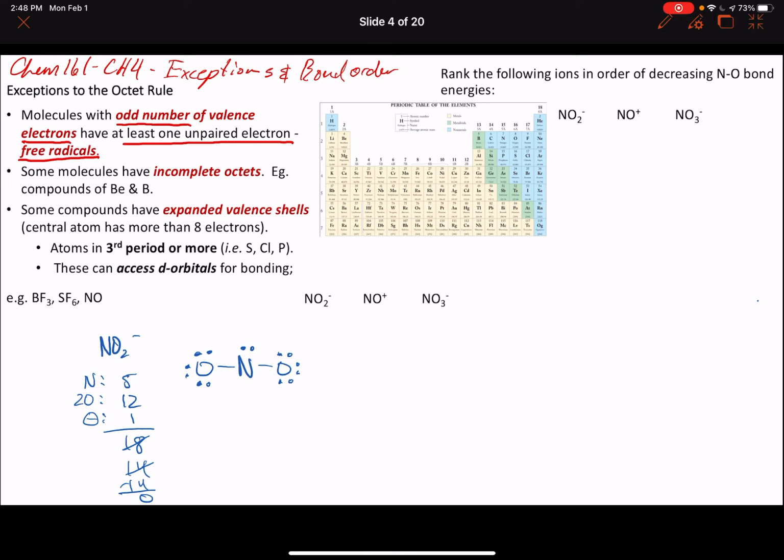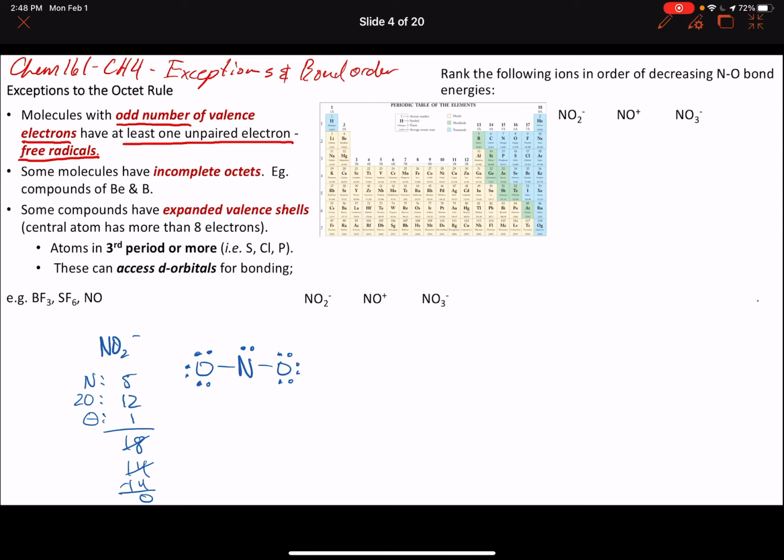And we now consider octets. Clearly the nitrogen in the middle is missing an octet. So we will borrow a pair of electrons. And here's where we might realize that we could borrow from the right or the left with equal probability. So we might expect some resonance for this nitrite polyatomic ion.